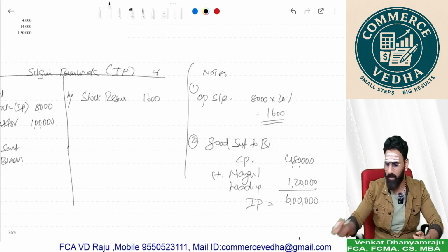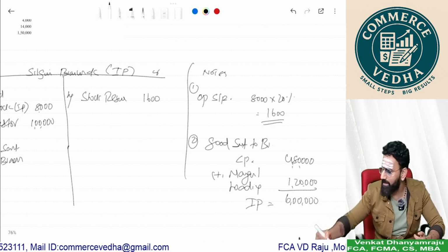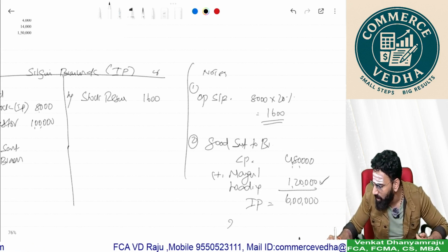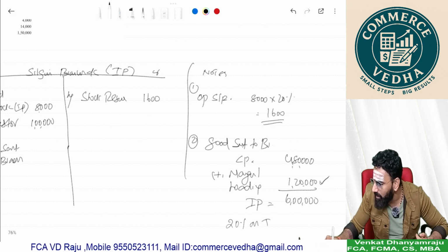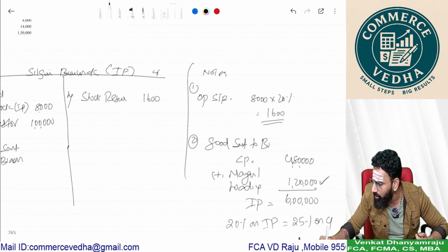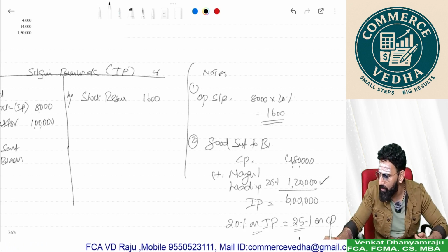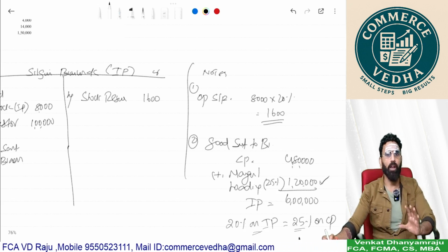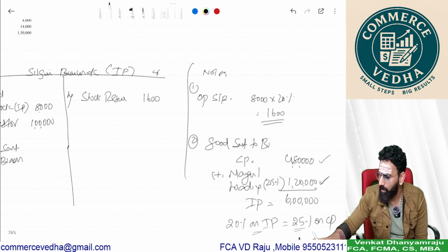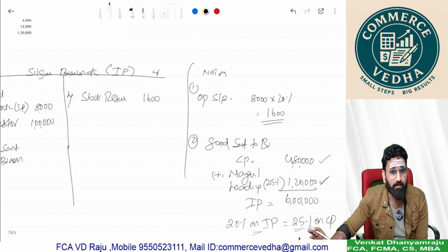If you cross check this, 6 lakhs invoice price and profit is 20%, exactly 1,20,000. So what we understood is 20% on invoice price equals 25% on cost price. This thumb rule we used here to identify the invoice price. We have taken cost price and the invoice price margin is 20%.